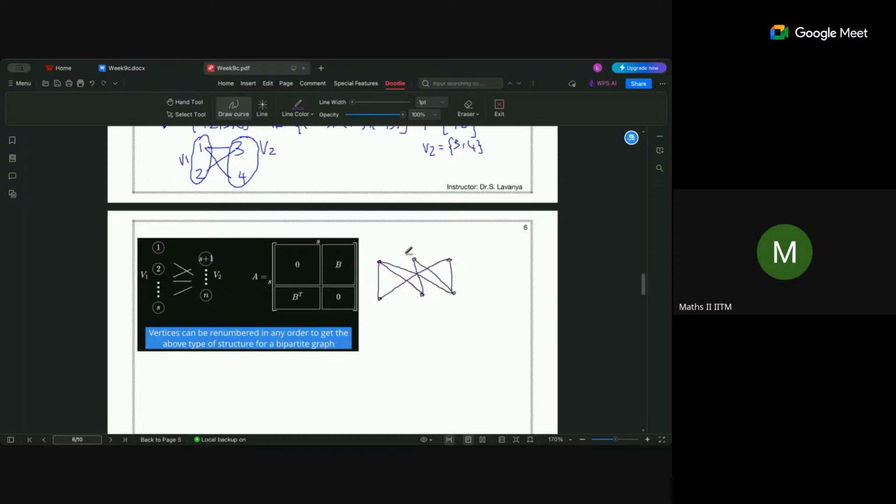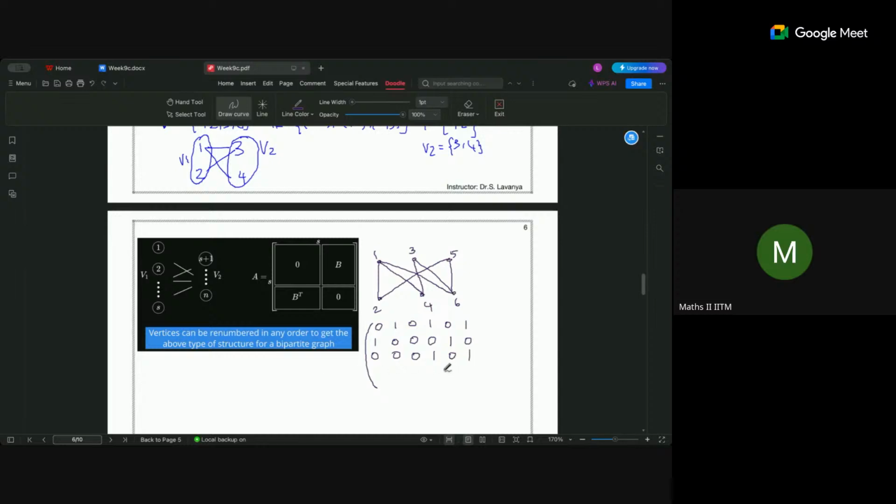But suppose the numbers are given like this: 1, 2, 3, 4, 5, 6. Now, what is the adjacency matrix? Can you tell me? Of course, the diagonal entries are 0. So you have 0, 1, 0, 1, 1, and so on for each row.